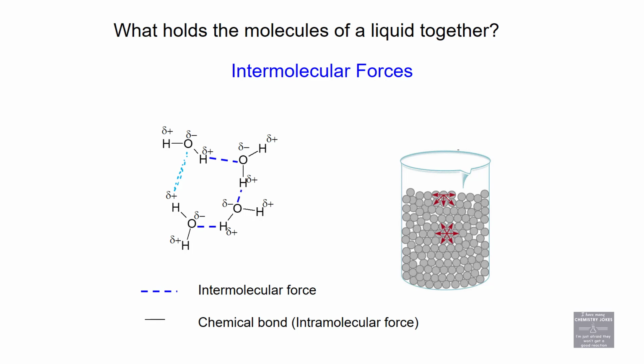So the black solid bonds are regular polar covalent bonds. You might think of them as intramolecular forces within a molecule. The blue bonds are intermolecular, between two different molecules.